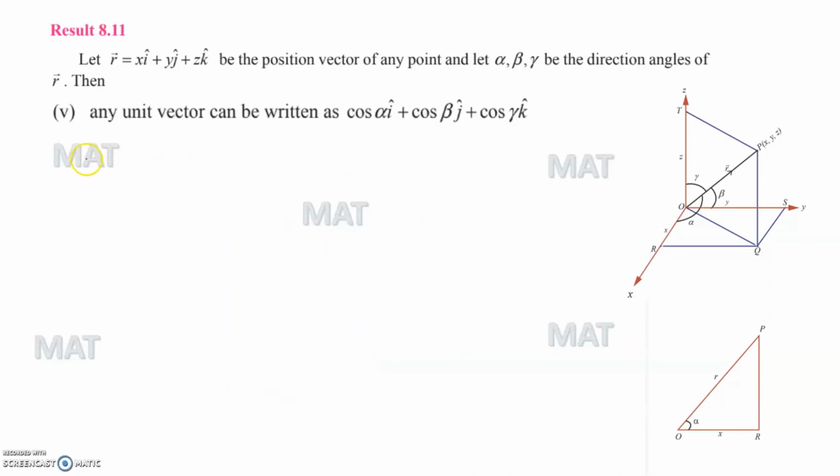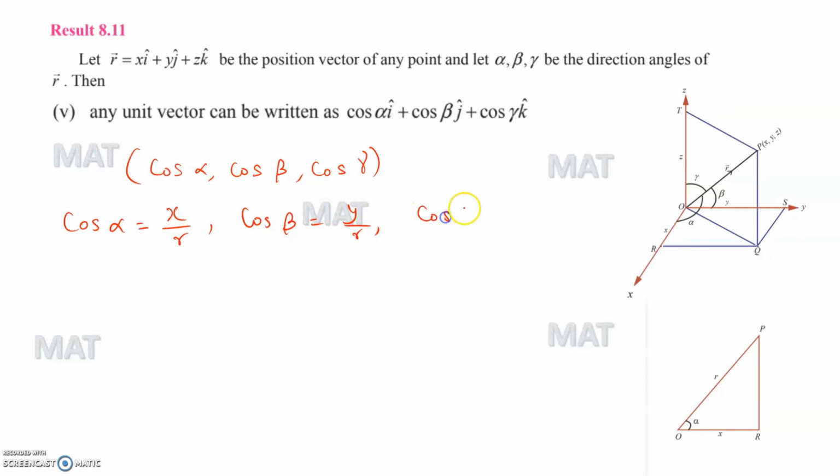The last one says any unit vector can be written as cos alpha i cap plus cos beta j cap plus cos gamma k cap. Now, the coordinates of this vector will be cos alpha, cos beta, and cos gamma. We know that cos alpha is equal to x by r, cos beta is equal to y by r, and cos gamma is equal to z by r.